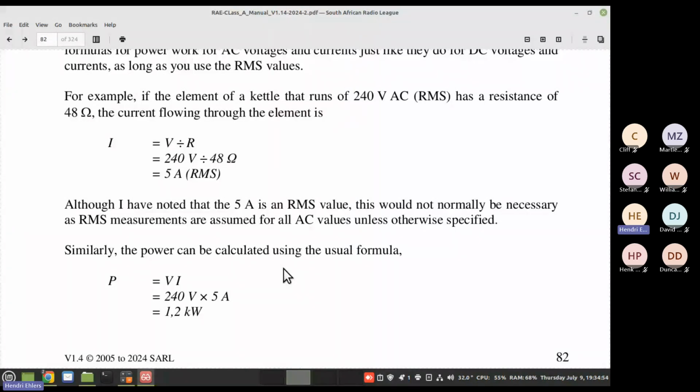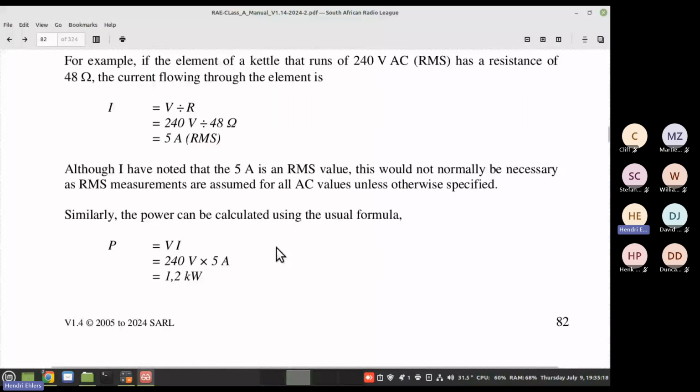Although we have noted that the 5 amp is an RMS value, it's normally not necessary to mention that it's RMS. If they give you an AC voltage, it's assumed that it is an RMS value. If it's a peak value, they will say that it's a peak value.